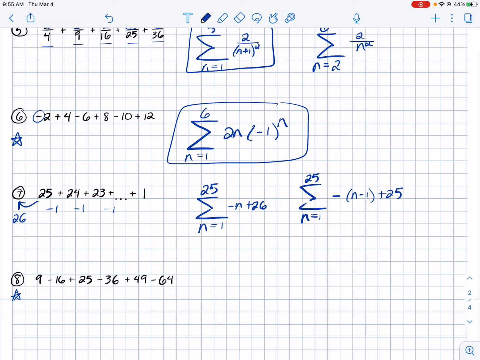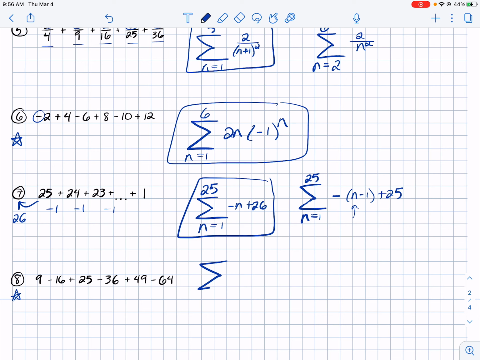Now when you plug in 1, you would get your -1, which becomes +1. If you plugged in 2, you would get your 1, but then -1, which is 24. So both work. It doesn't matter if you want to start with your first term or term 0. Okay.